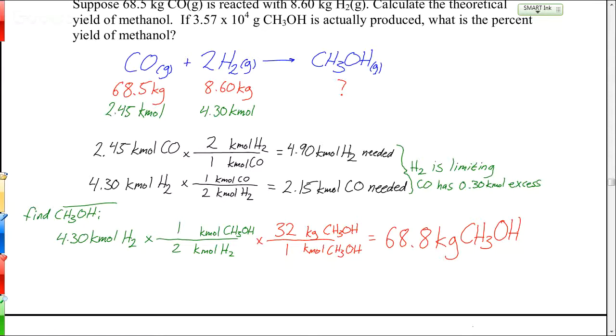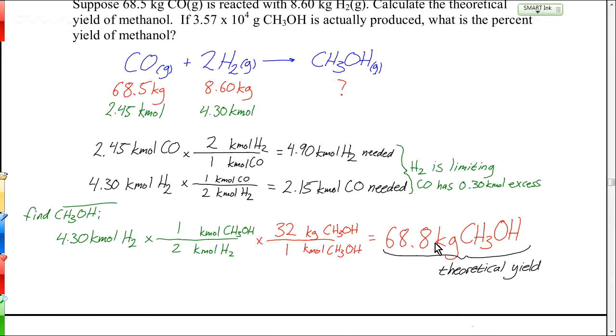And that's what we call the theoretical yield, how much we would expect to get based on every single molecule transforming, which we know is not actually going to happen, but that's how we plan our synthesis. But now the rest of the problem says, if this is how much is actually produced, what is the percent yield of methanol?